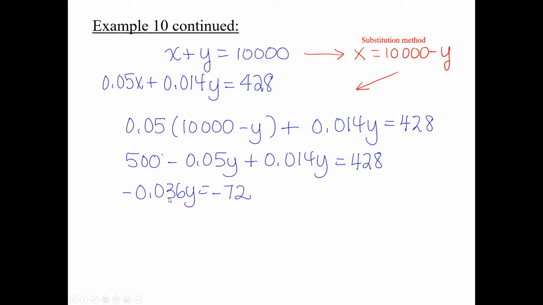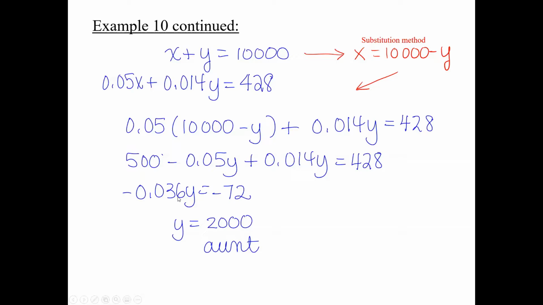So this plus this equals negative 0.036, because remember, there is another hidden 0 behind this 5. This is 0.050, a negative 0.050, and this is a positive 0.014. So those give you a negative 0.036 Y. Okay, the 428 minus the 500 gives me negative 72.